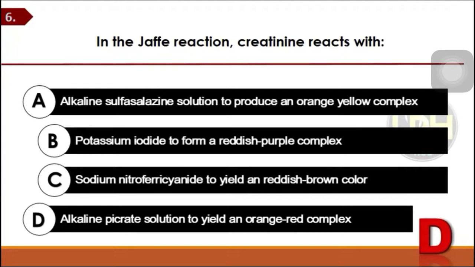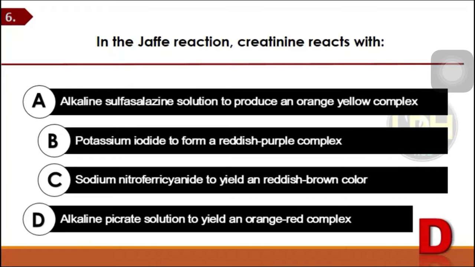Remember, the Jaffe method uses saturated picric acid, which oxidizes creatinine in alkali, forming creatinine picrate. The Jaffe method is non-specific because it is subject to interference. Proteins and other reducing substances such as pyruvate, protein, and ascorbate cause positive interference. Much of this interference is reduced by using a timed rate reaction.